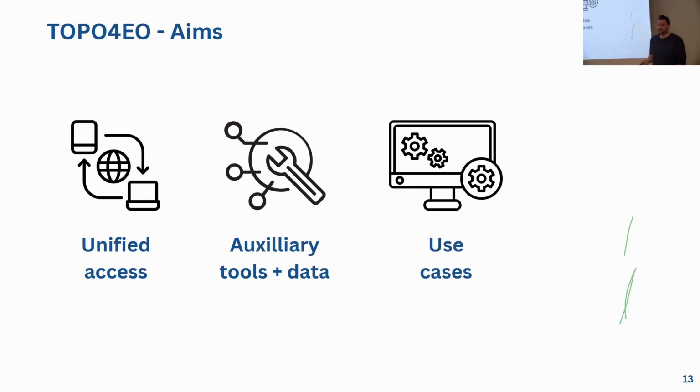The last thing, as it's a research project, it's not enough to say, hey, we are setting up some infrastructure. Obviously, we also want to use this built-up infrastructure to do some method development and to improve certain products. And this is within the use cases where we selected 3.